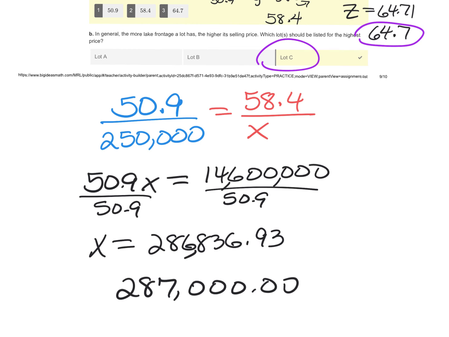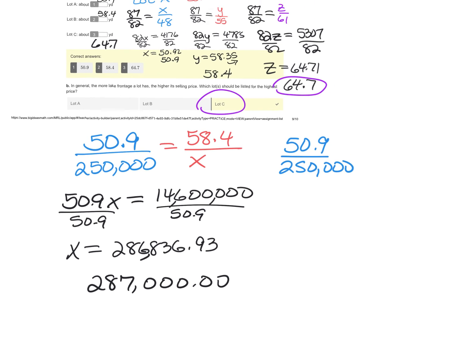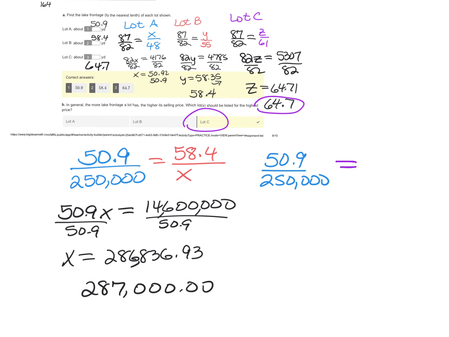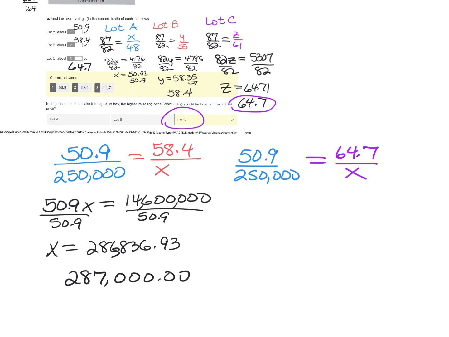Then I'll do the same thing for Lot C. Still use the 50.9 over 250,000. And I'm going to set that equal to 64.7. And again, I'll just use X. So again, cross multiply. 50.9 times X. 250,000 times 64.7. 16,175,000.